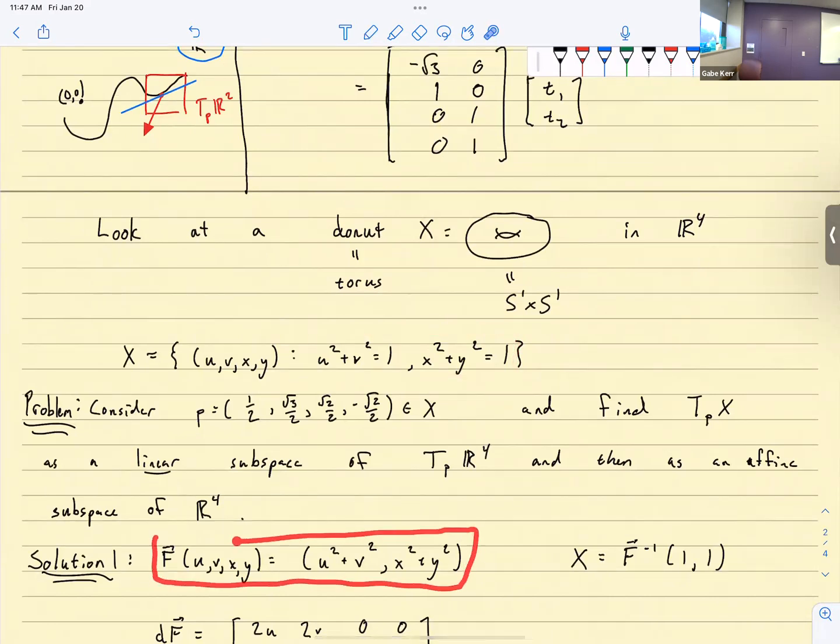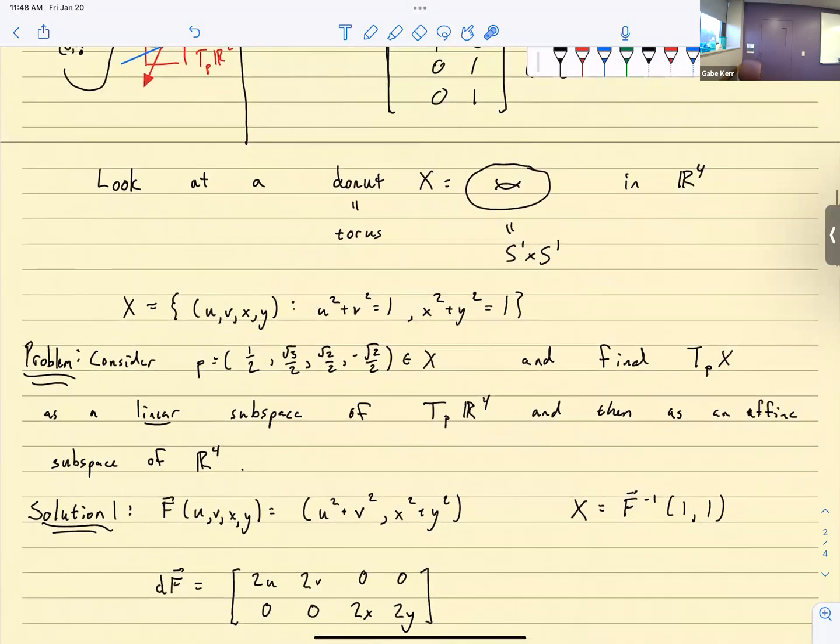I take a function of 4 variables to the plane, and my space X is all of the points that are sent to the point (1, 1). That's how I define this. X is in fact the inverse image of this single point in the plane as a map from R4 to R2.